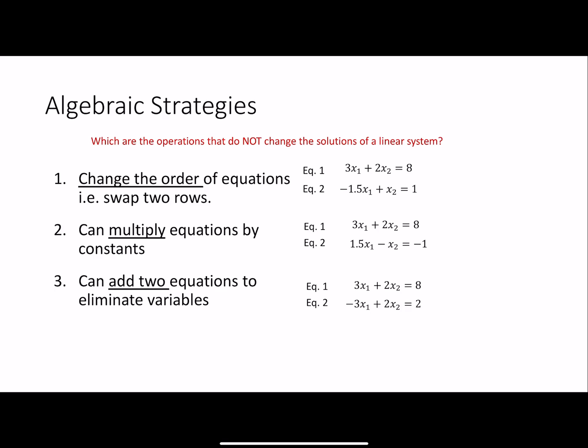The solution, that is the value of x1 and x2 that satisfies both equations at the same time, will not change. Finally, we can add two equations in a linear system and replace one of these equations by this addition, and the same can be said here, that the solution x1 and x2 will not change based on this addition.